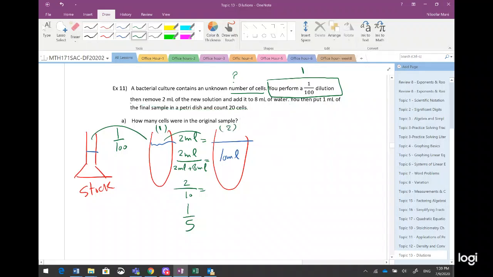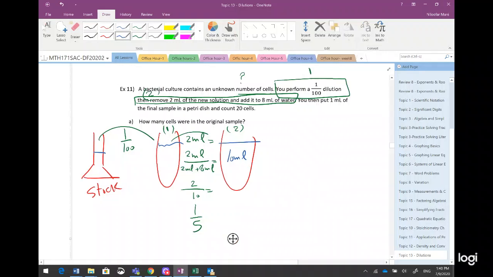Okay, so see step by step. I read the question, I understand the type. It's a dilution question. I need to have the formula in my head, and then I make it step by step easier for myself. You then put 1 milliliter of the final sample in a petri dish and count the number of cells, and they are 20. Okay, so that's the last concentration. So I use that.